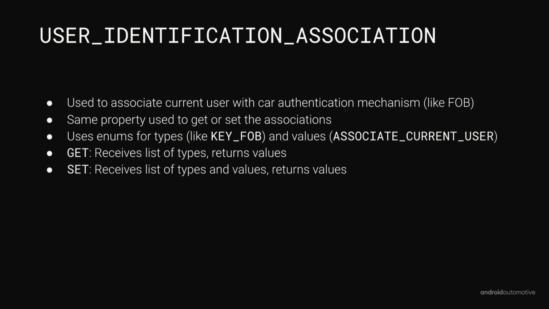Well, that's a way for a car to identify a user using some hardware, like a key fob. So the idea is that this whole property is going to be get and set, meaning that we might be asking Hall if the current user is associated with these given types, or we could ask them to set.